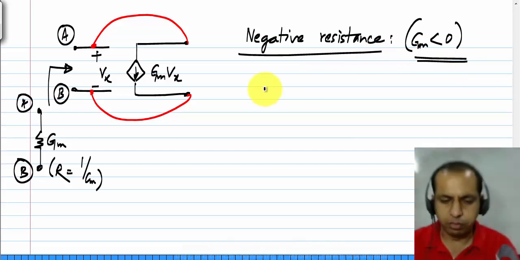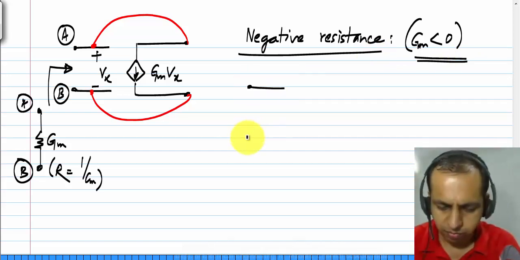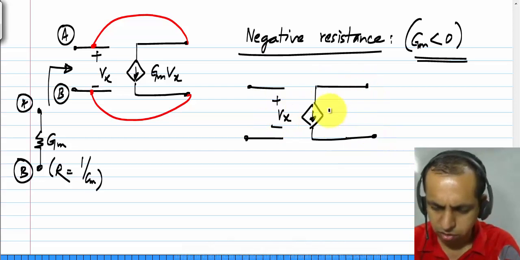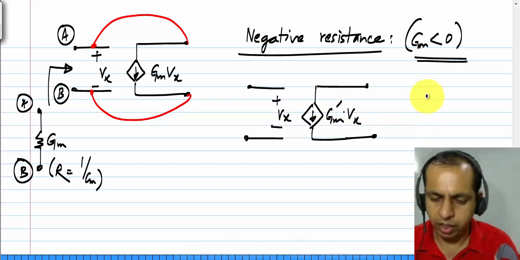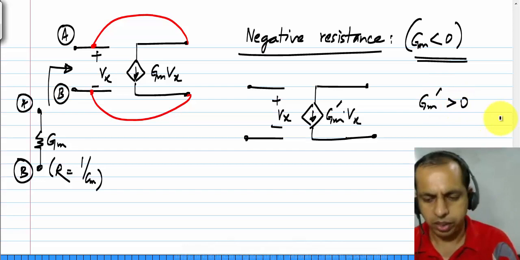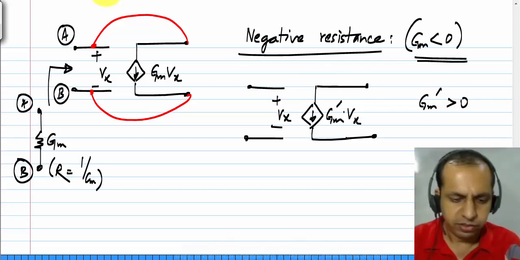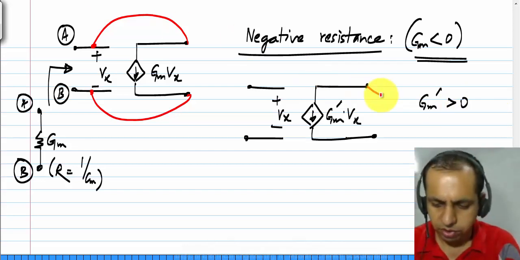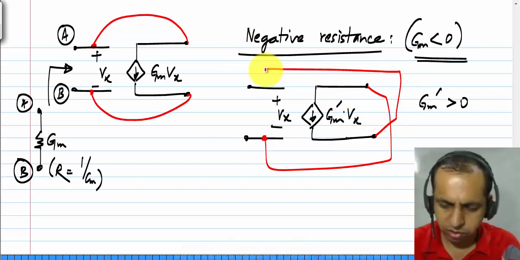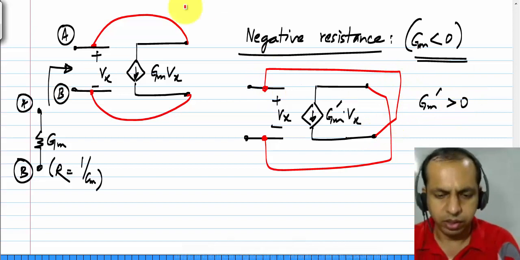So another way to think about it is that, let's say you had a controlled source Gm prime times Vx and Gm prime happened to be more than 0. Okay. Still we can realize a negative resistance. All we have to do is to connect this here and this over there. Okay.